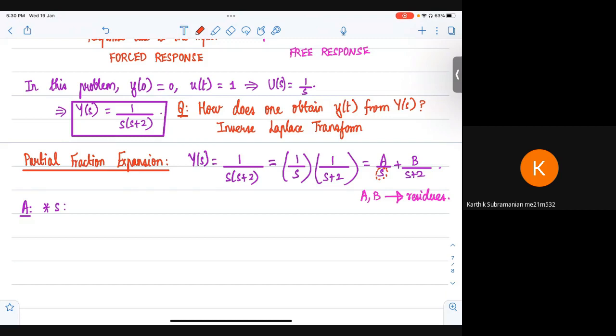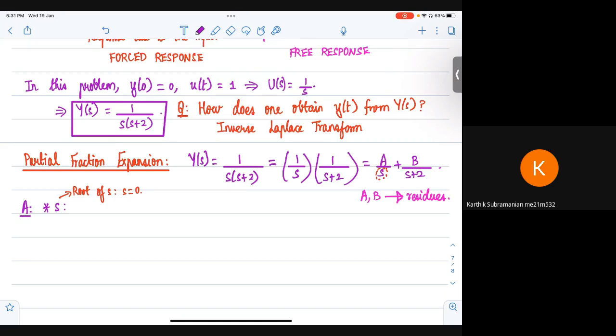So you multiply by the polynomial which is in the denominator of a, and the root of this polynomial s. What do I mean by root? The value of s which makes it 0. In this case, it becomes very simple. The root is s equals 0. We will see how we will be using it shortly.